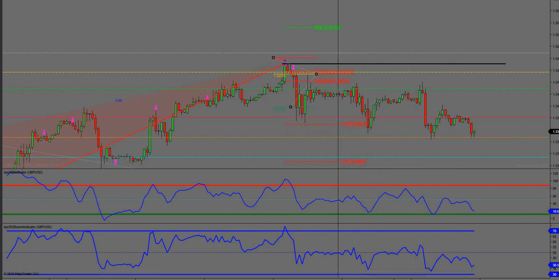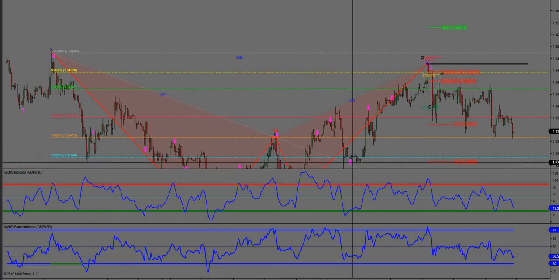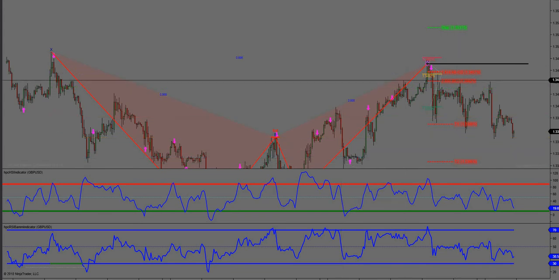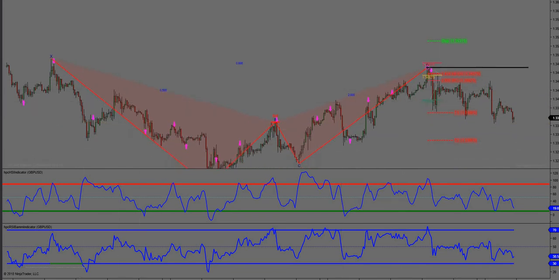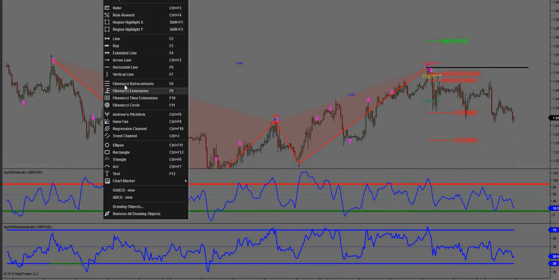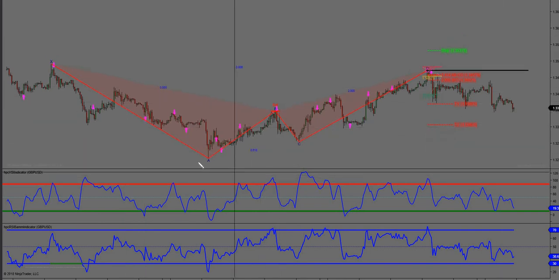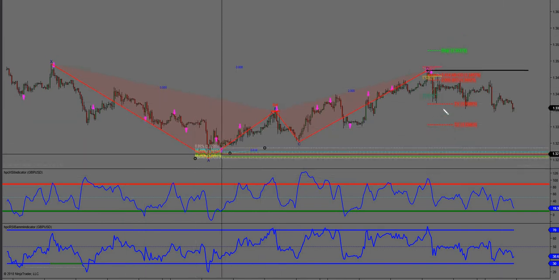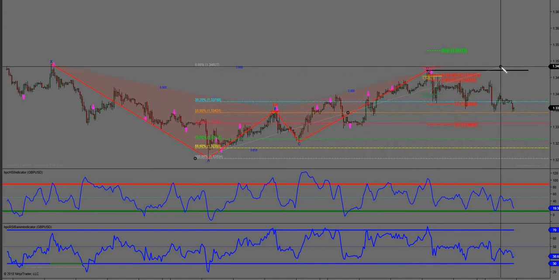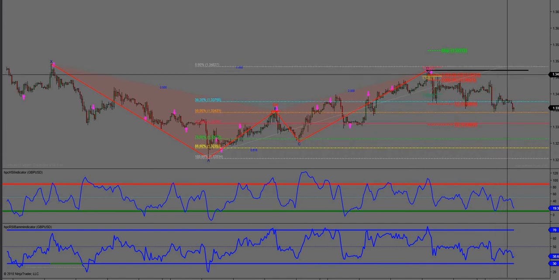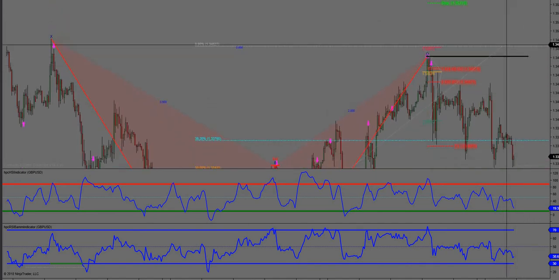Let me manually measure it out just so you guys can see. Let me get rid of this one. So we take it from the A leg down here all the way up to the very top of the pattern. Don't go to wherever the 886 is.